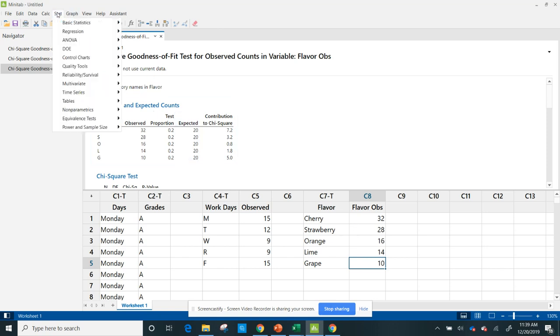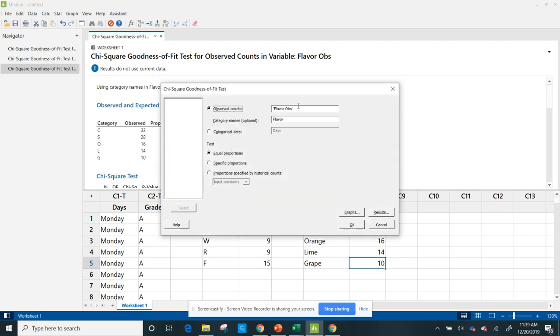To solve this, I go to Stats, Tables, chi-squared goodness of fit. And let me show you again, because when you go to this, hopefully your thing is empty; if it's not, you can just clear it out and backspace or delete. So observed counts, I'm going to do flavor observed. Oops, sorry. I hit the wrong thing.